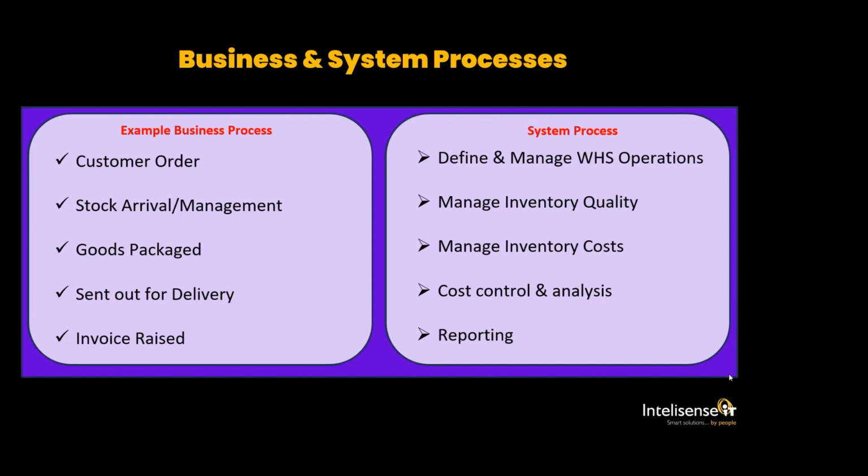Within Dynamics 365, we can define various costing models to manage inventory cost, which helps us to control the cost and do an in-depth analysis to make better business decisions. Lastly, we can use Power BI to build AI dashboards for seamless reporting of the complete process.